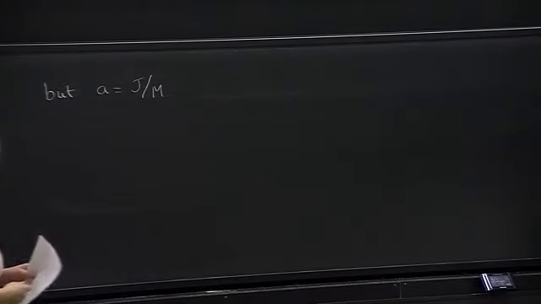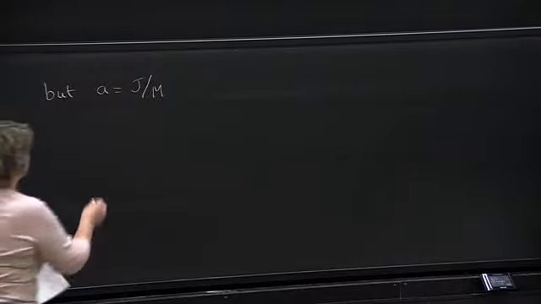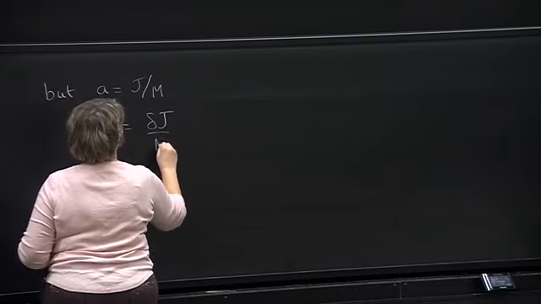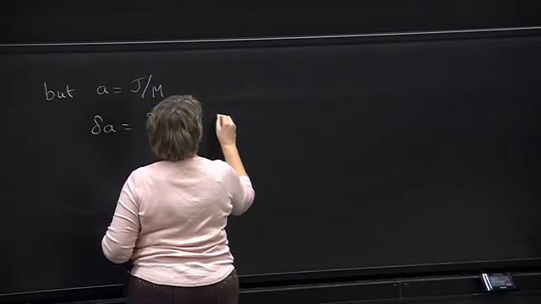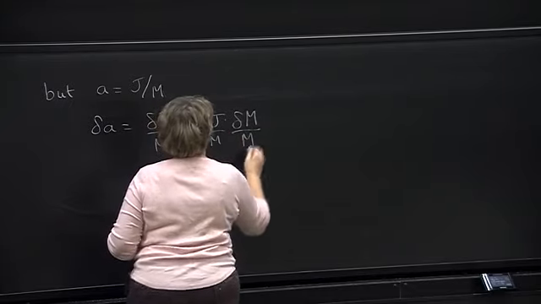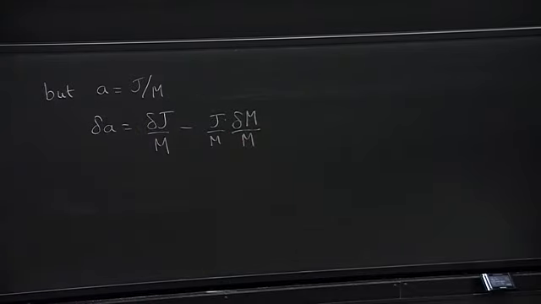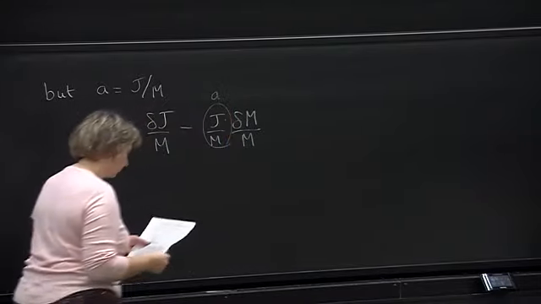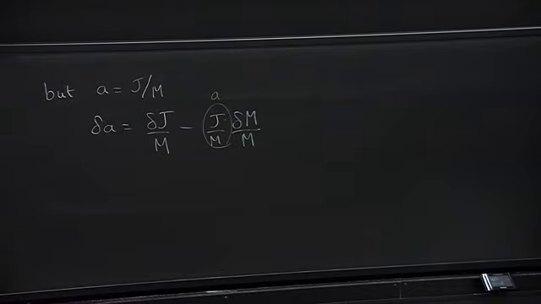So A is sort of representing the angular momentum, but it's equal to J over M. So my delta A is delta J over M minus J over M delta M over M. So of course J over M is just A. So that means I can replace my delta A in terms of delta angular momentum and delta mass.